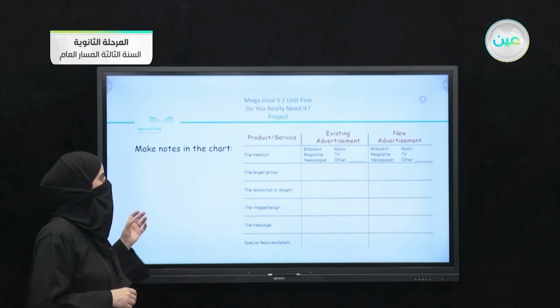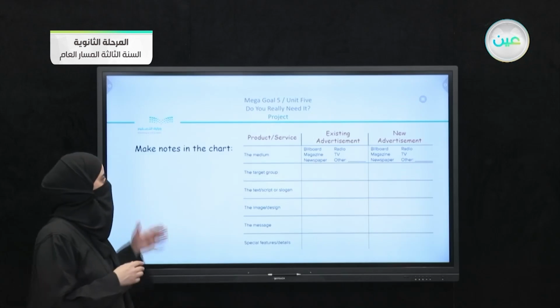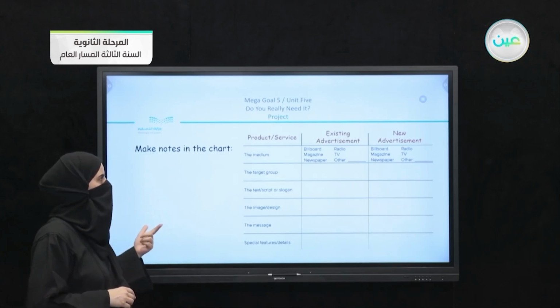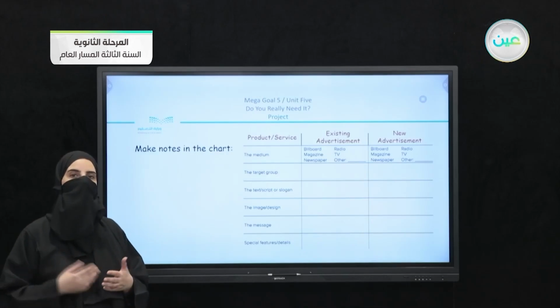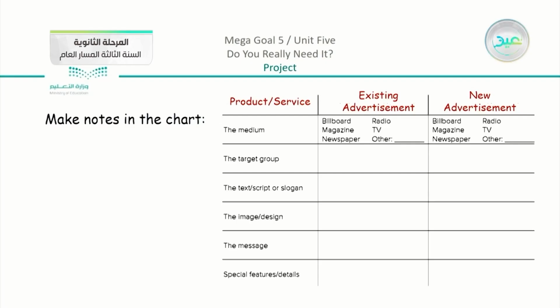You are going to see, first of all, the product or the service. Then we have the medium. So what is the medium that is used in the advertisement? Of course, we are going to analyze the existing advertisement. So it can be billboard, radio, magazine, TV, newspaper, or any other method.